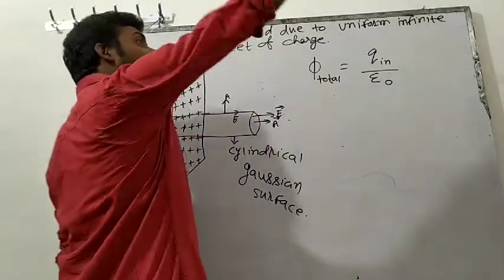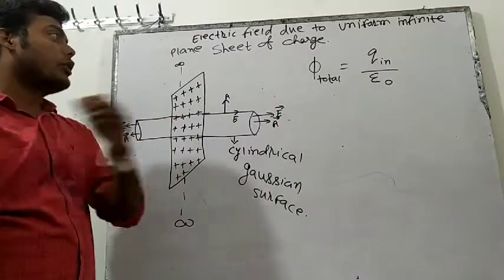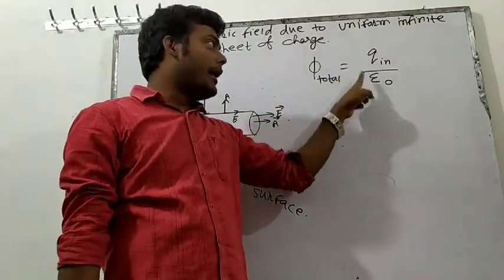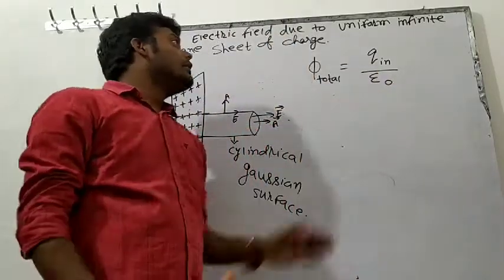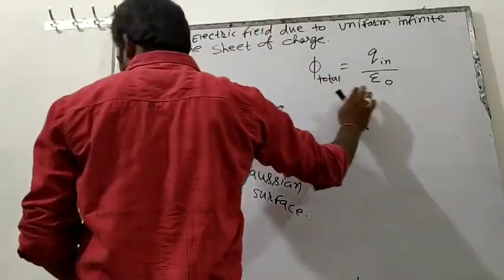So what is Gauss law? According to Gauss law, the net electric flux through any closed Gaussian surface is equal to 1 by epsilon naught times the charge enclosed by the surface. So we will apply Gauss law.